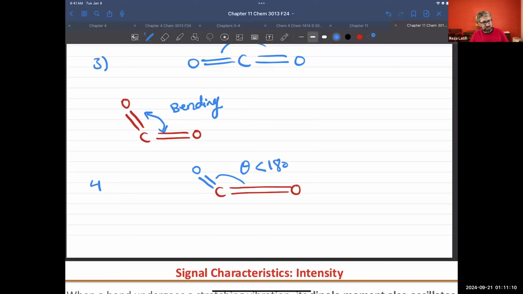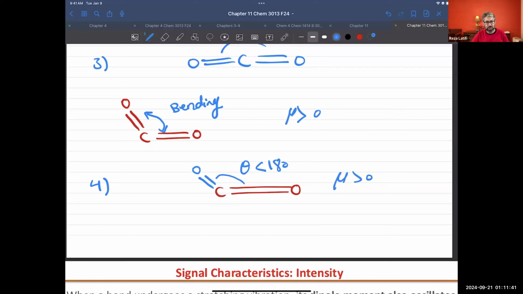The chance to have all three of them happening at the same time, one bond getting bigger, the second bond getting smaller, and at the same time them moving toward each other, is hard. It's not impossible. It can happen, and in this case, mu will be bigger than 0. So that means it will be active. Same thing there.